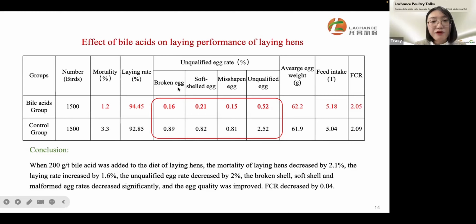You can see that the broken rate, soft-shelled egg, misshapen egg, unqualified egg, they were all reduced after using bile acids. And also the egg quality was improved, and also FCR. You can see that after using bile acids, the FCR was reduced from 2.09 to 2.05. So this is the FCR change after using bile acids.